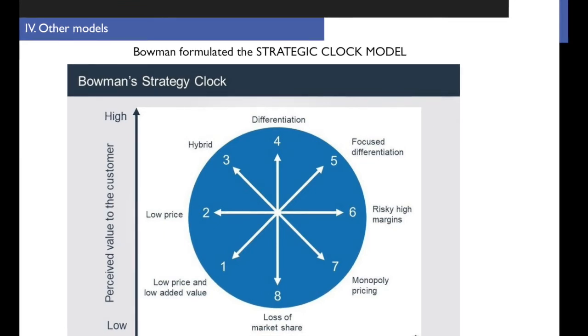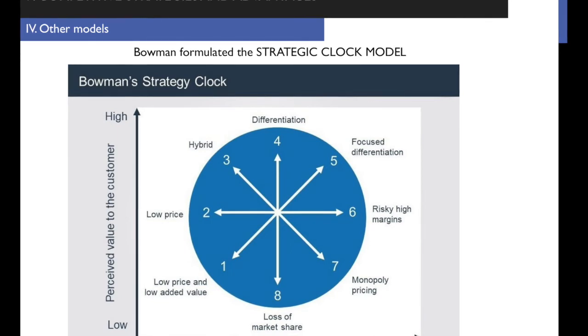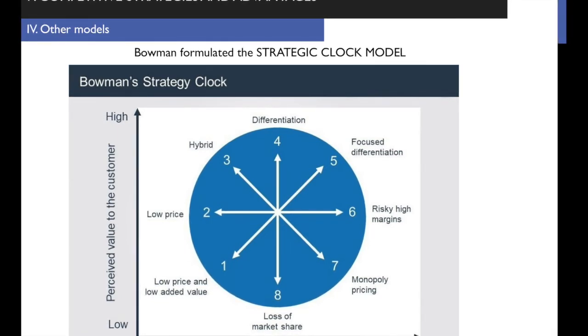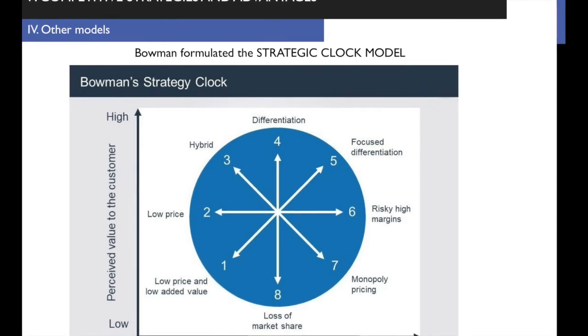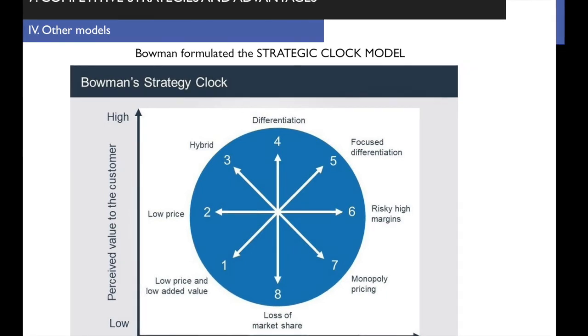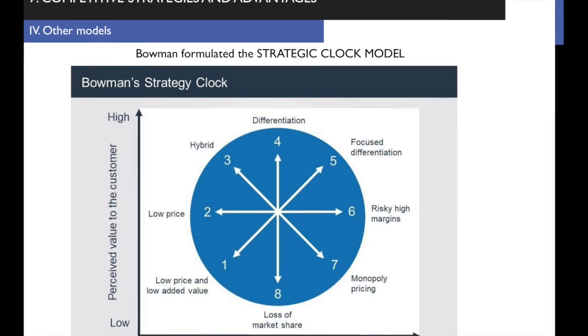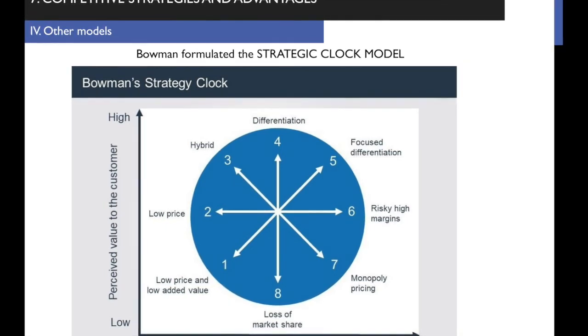Position 3 and also the middle of the clock are hybrid strategies which combine an adequate value perception with an adequate price. Position 3, in fact, is when you say, okay, this product creates a lot of value and it's moderately cheap, so it's reasonable. This is position 3 and it's called hybrid strategy. It's about price quality relationship.